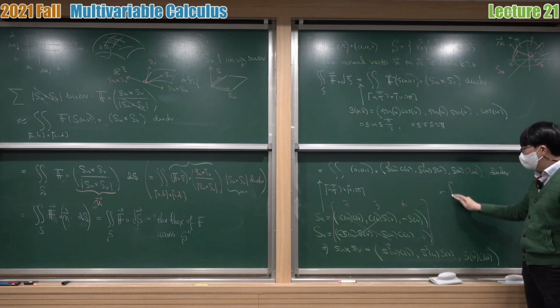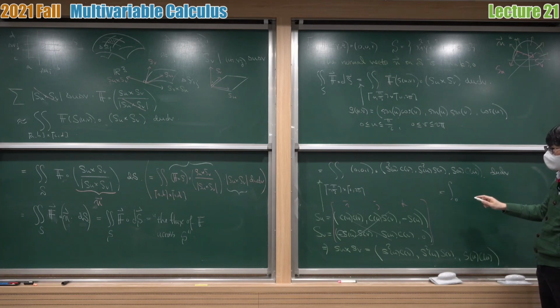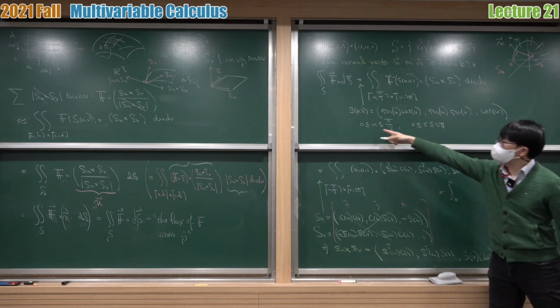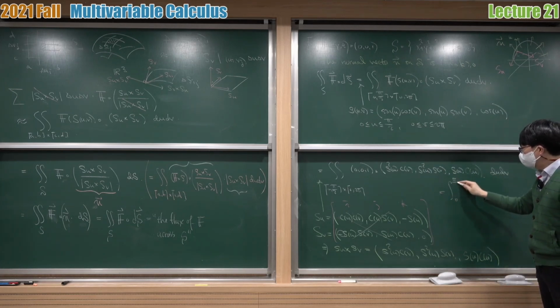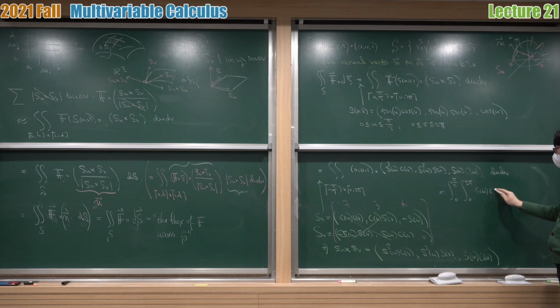So let's try to use the Fubini theorem. So first you take U ranging from 0 to pi over 2, and then V from 0 to 2 pi of sine U cosine U, dV dU. When you take the integration over V, it doesn't have any V here, so it's a constant, so it's 2 pi.